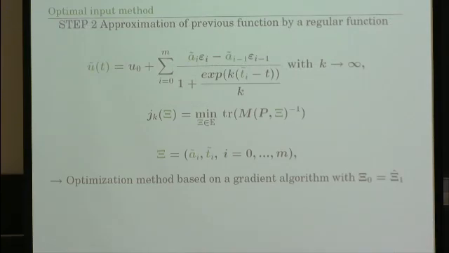Thus, in this input, the variables to optimize are given by ai and ti. ai represents the amplitude of square waves, and ti the switching time between two stages. By using an optimization method based on a gradient algorithm with initial point given by the previous input, we can obtain an optimal input.